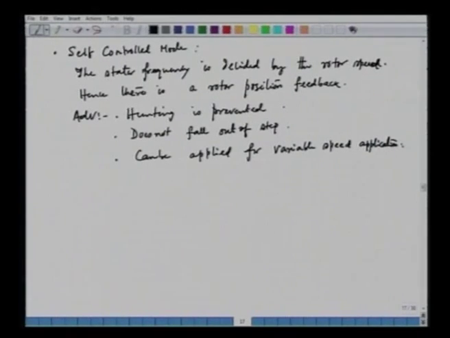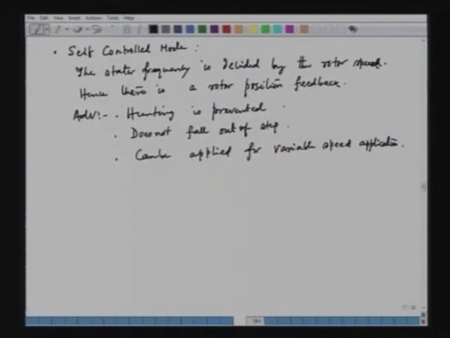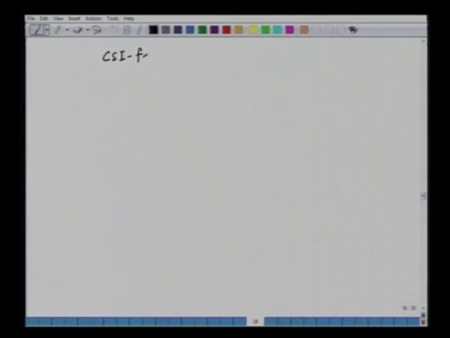So, we will take an example of a synchronous motor drive which is self controlled, and we will see how we can control this and how we can control this with variable speed application. So, let us take an example of a CSI fed synchronous motor drive.